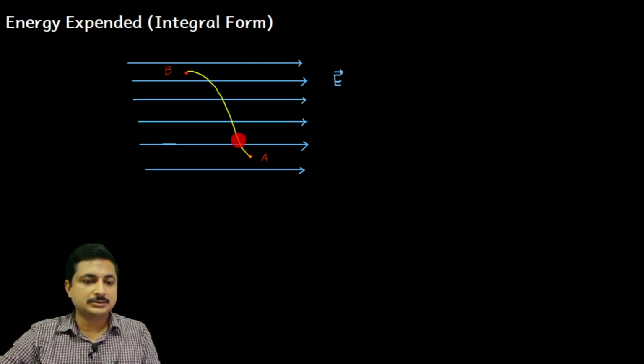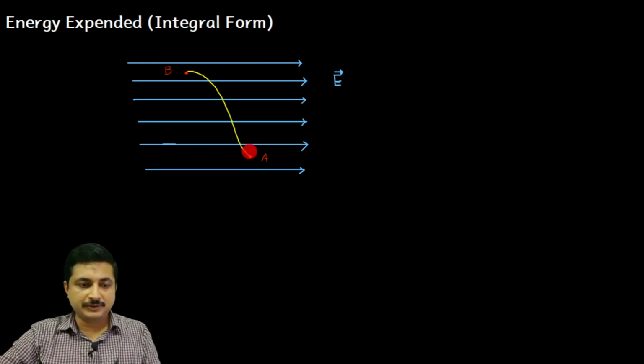Initially the charge was at A, now it is at B. I have to push this charge from A to B against the field, along some arbitrary path which is a very long path now. It is not a differential path now.